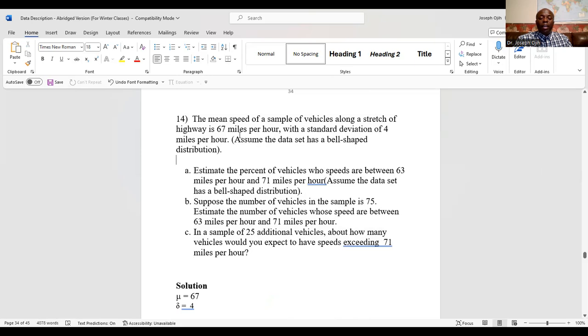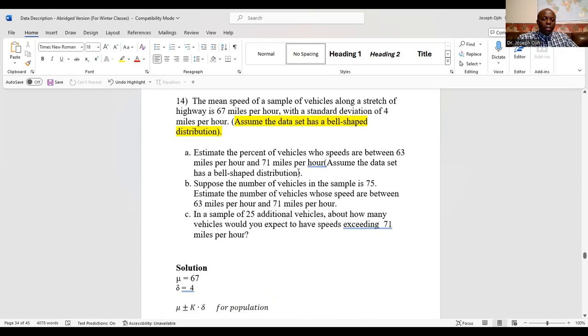And it says again, assume that the data set has a bell-shaped distribution. When you say bell-shaped or symmetric or normal, that means you can use the empirical rule. It says estimate the percent of vehicles whose speeds are between 63 miles per hour and 71 miles per hour.